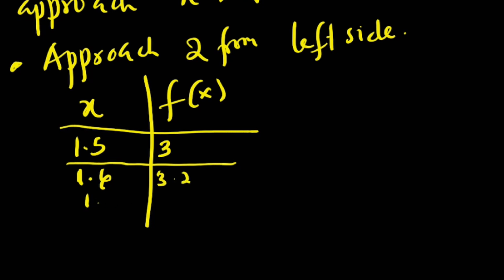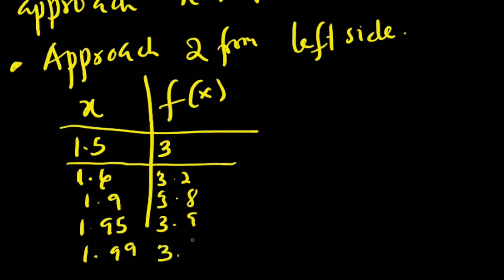If I take 1.9, I get 3.8, right? If I take a value like 1.95, I get 3.9. What if I take a value 1.99? This times 2 would give you 3.98.